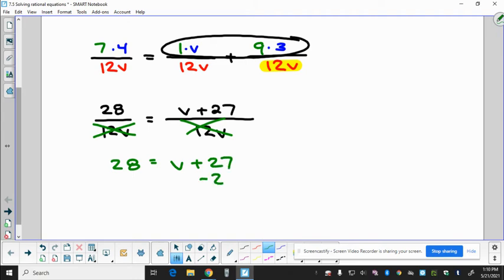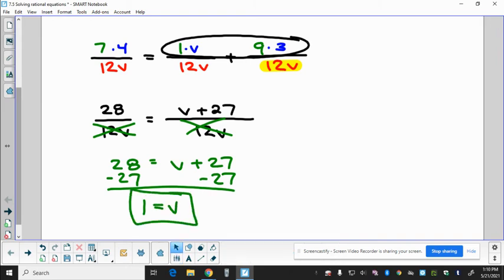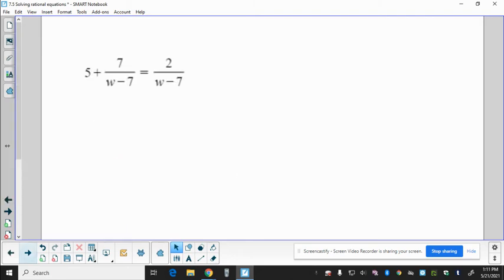So subtract 27 from both sides, and I see that 1 is v. And I just solved that rational equation. So that's just one way to do this, but I prefer to teach it this way because it provides more consistency with the way we added and subtracted and learned that process. Let's go ahead and try it with this.